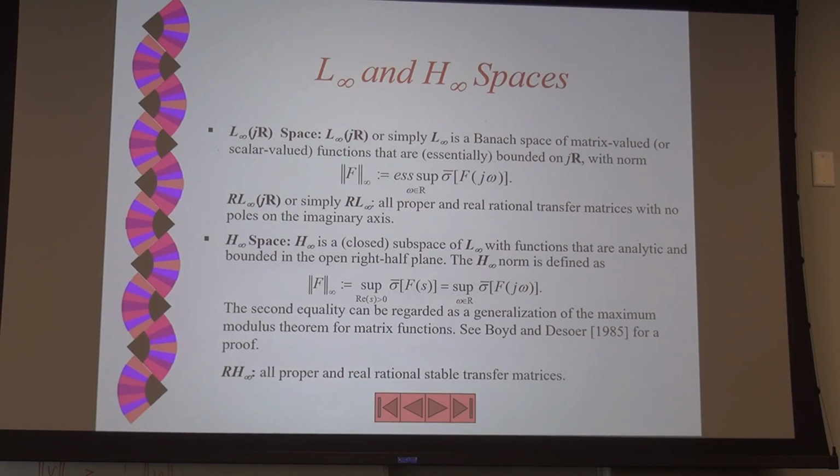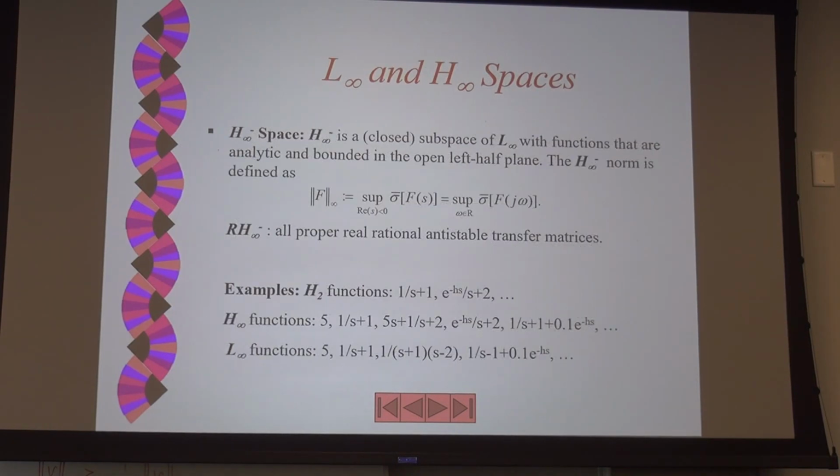Okay. So let's see several examples here. H infinity functions. So they are H2 functions, H infinity functions. So this is a rational proper, and this e to the power minus s.